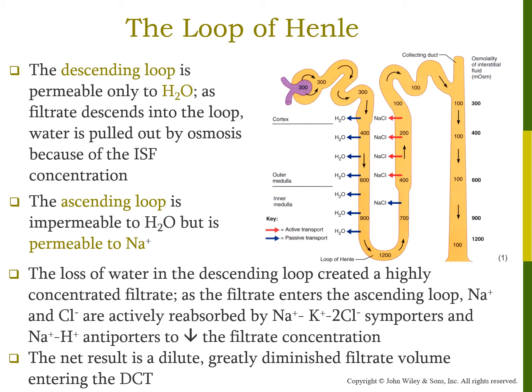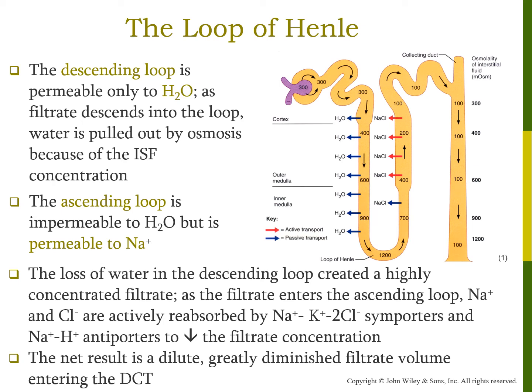It's also important to note that the reabsorption of sodium chloride in the ascending limb helps to concentrate the interstitial fluid that promotes the reabsorption of water in the descending limb.